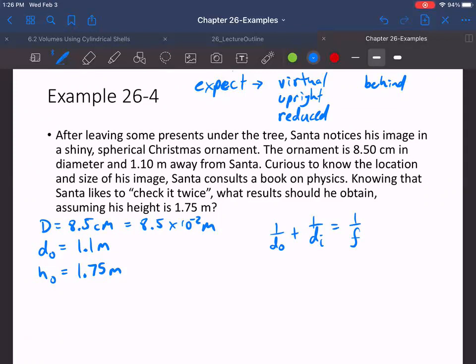Half the diameter. So the focal length is what of the diameter? 1/4 of it. So we can make this 1 over D0, plus 1 over DI is 1 over 1/4 of D, right? Which would just be 4 over D, like that.